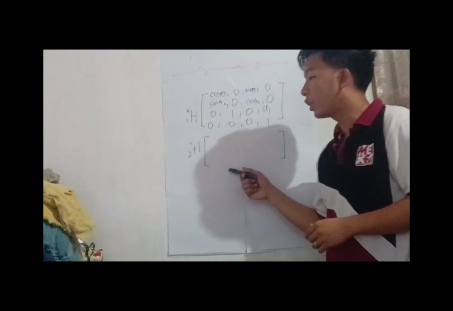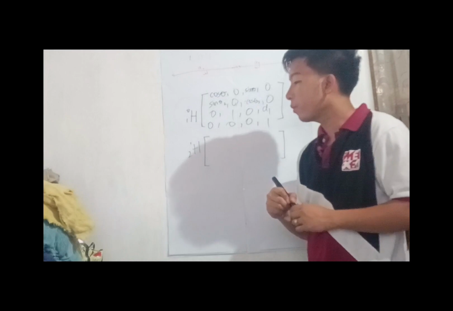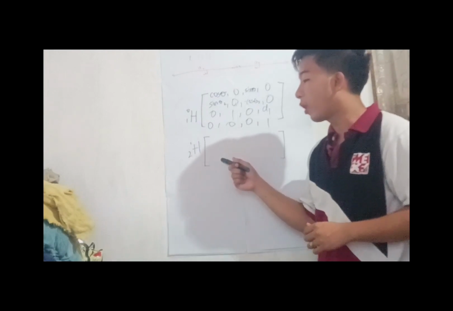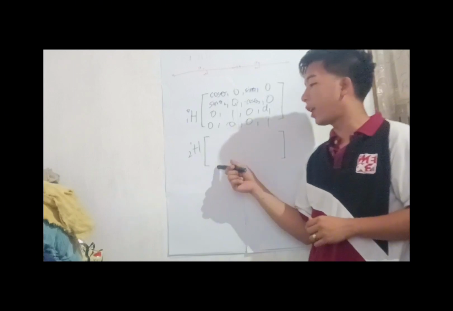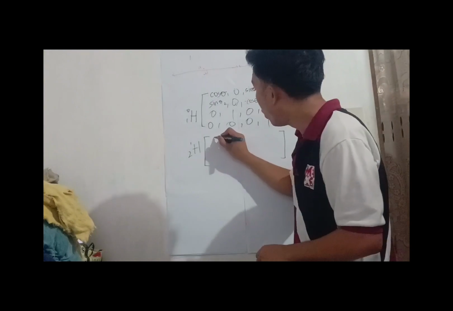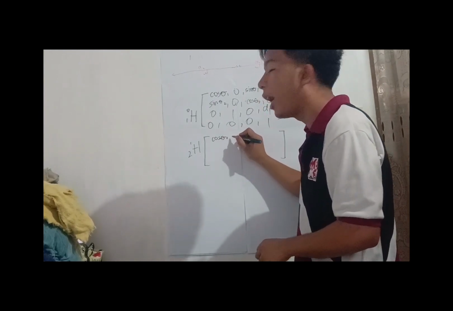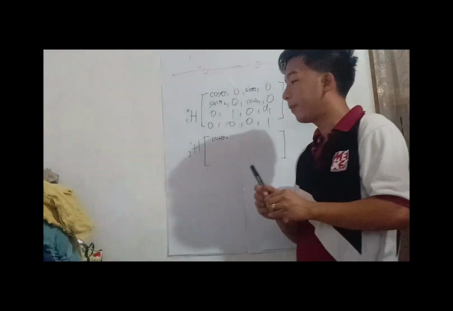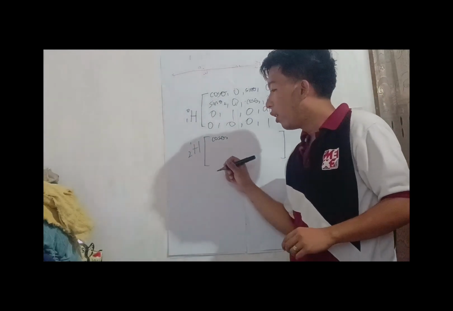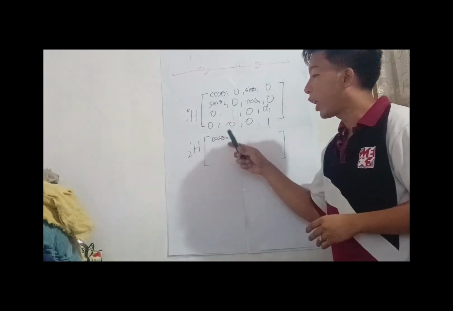Theta 2 is equal to 0 plus theta 2. So, cosine theta represents the cosine of the second joint angle. So, this is the cosine theta 2. Next, sin theta represents the sine of the second joint angle.